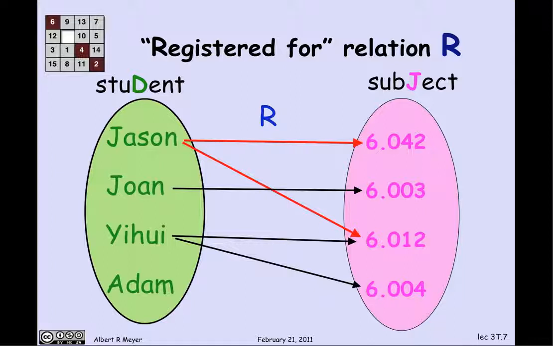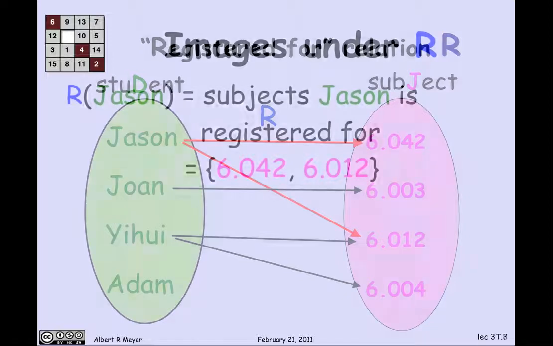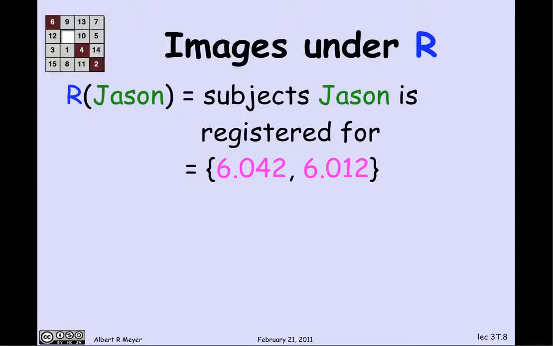So Jason in this diagram is registered for 6042 and 6012, as indicated by the highlighted two connection arrows, which we've made red, which means that R of Jason is that set of two courses that are associated with him, that he's registered for, 6042 and 6012.